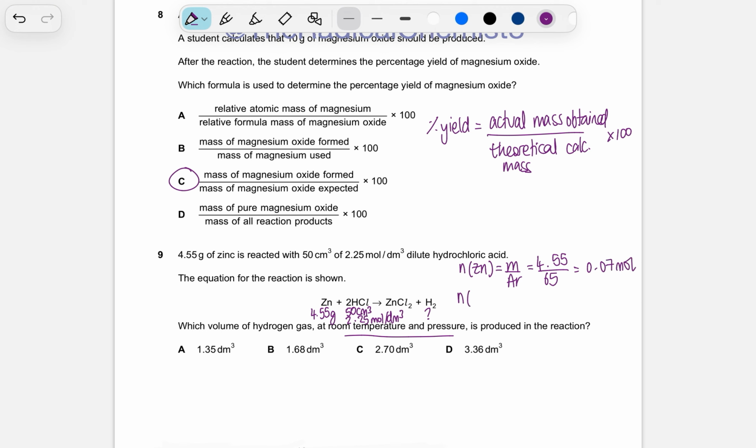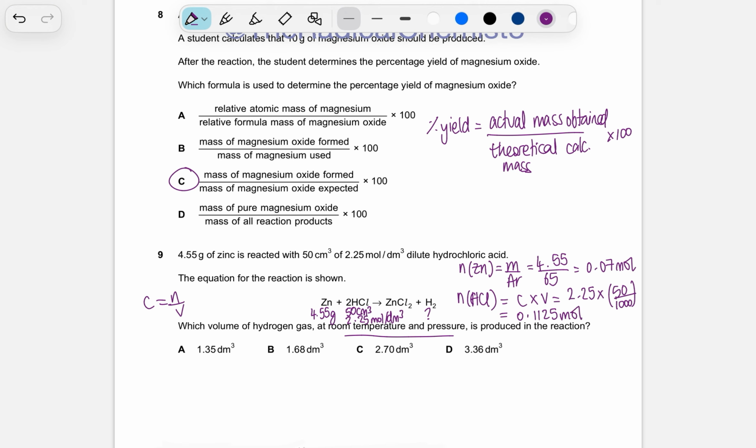Next, number of moles of hydrochloric acid. This would be concentration times volume, which comes from rearranging this formula. So in this case, 2.25 times the volume. And remember, volume has to be in decimeters cubed, so 50 over 1,000. Using this, the number of moles is 0.1125 moles.